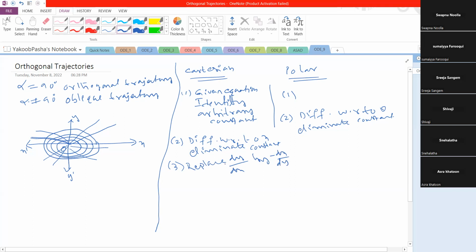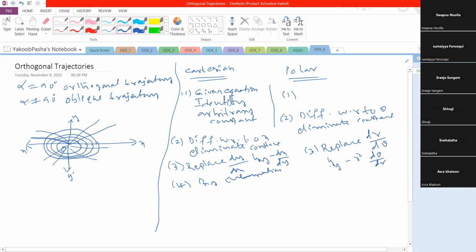In polar coordinates, replace dr by d theta with minus r square d theta by dr. Then by integration, we get the required orthogonal trajectory.